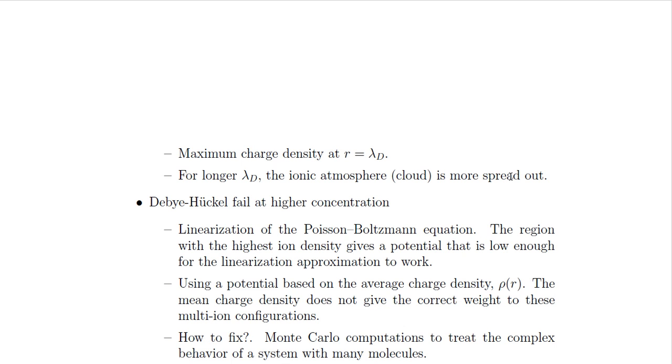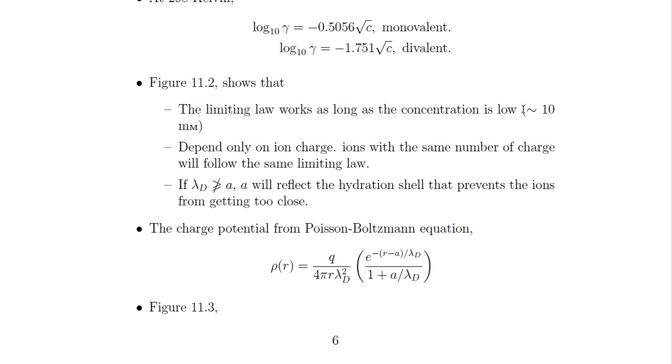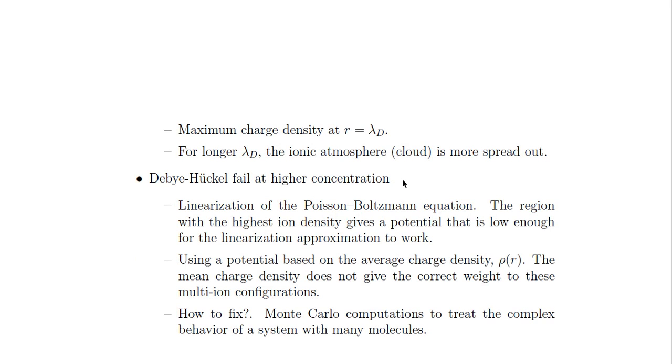But we say that these are for low concentration. So what about Debye-Hückel at higher concentration? The region with the highest ionicity gives a potential that is not low enough for the linearization approximation to work, so we cannot do the Taylor expansion at higher concentration.